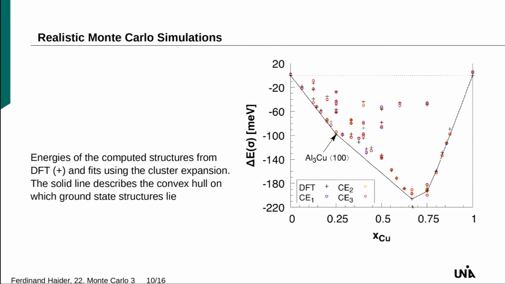And there are other structures. Here is one at 60 something, the by far lowest energy. And there are not many ground states here. And that's again an indication whether you did it correctly, whether you find the correct ground states at a given composition.